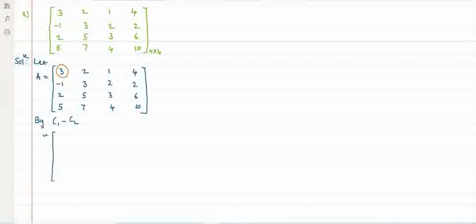So the new matrix, since it is a column transformation, I will represent the matrix column wise. C1 minus C2: 3 minus 2, minus 1 minus 3, 2 minus 5, 5 minus 7. Verify the calculations. Now the remaining elements remain the same: that is 2, 3, 5, 7, 1, 2, 3, 4, 4, 2, 6, 10.